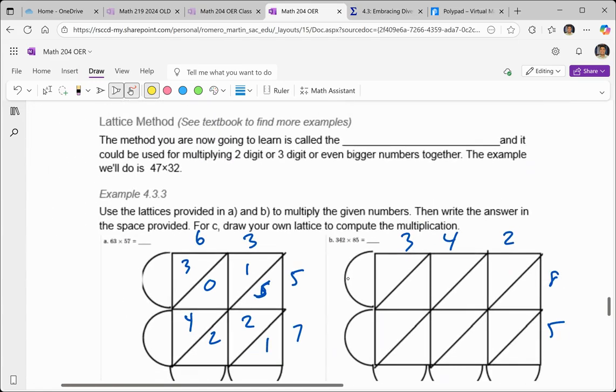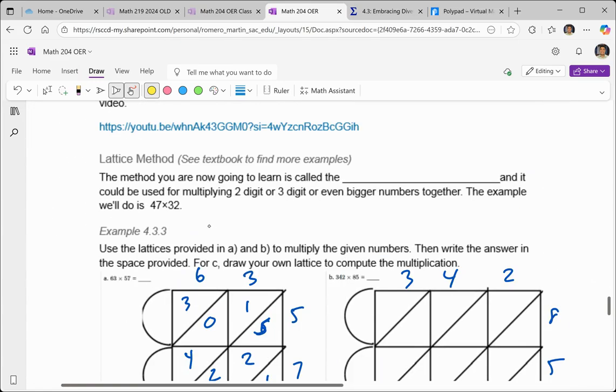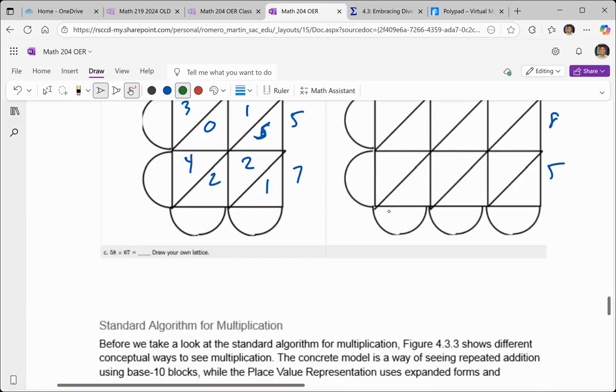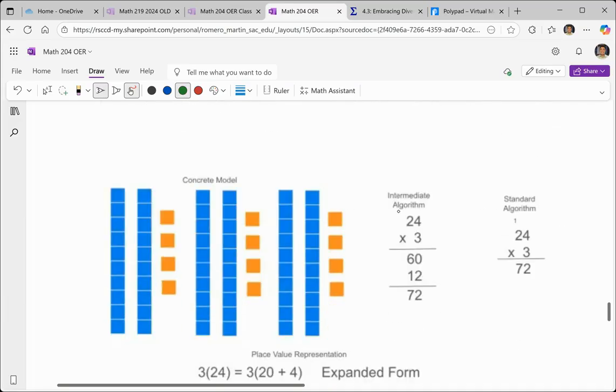Another method that you may find useful is what we call the lattice method for multiplication. We've had that term for addition, so it's very similar. Let's complete one here before we jump into the standard algorithm.